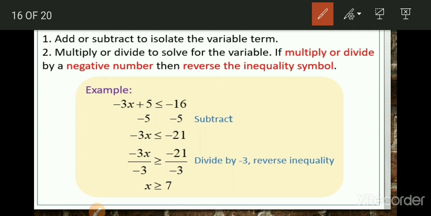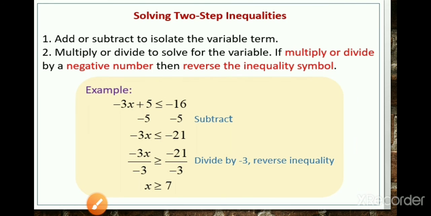When solving linear inequalities, we use a lot of the same concepts that we use when solving linear equations. Basically, we still want to get the variable on one side and everything else on the other side, by using the inverse operation.